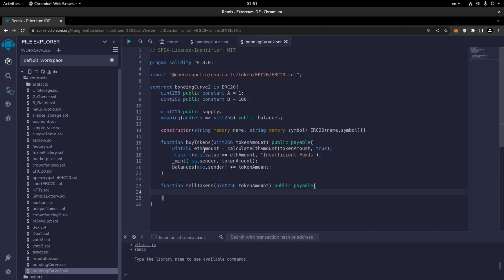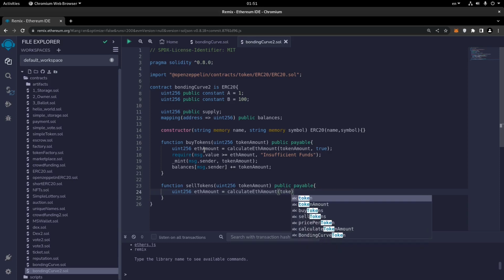And first of all, we'll determine the ETH amount again, right? So uint256 ETH amount, which will equal to the calculateETHAmount, and it will get the token amount, and this time this is false.